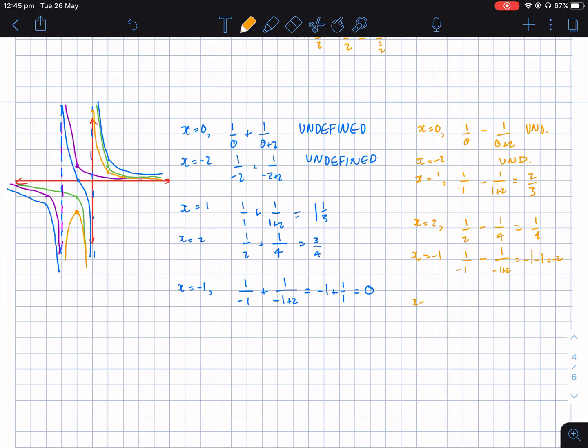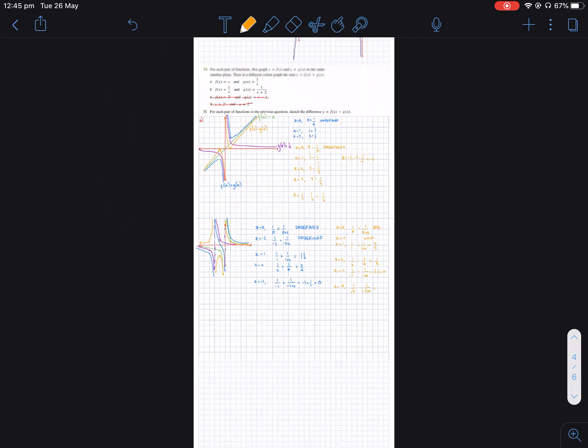And if it's x equals, for example, minus 3, I've got 1 on minus 3 take 1 on minus 3 plus 2, which is negative a third, take negative 1, so it's positive 2/3. Ooh. So this one's kind of going to go like that. That's what that looks like. Very easy to follow.